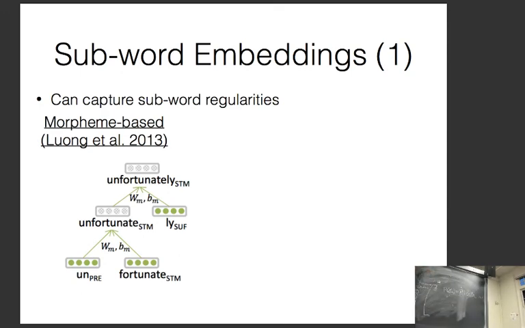So they're tree-structured neural networks, and the way they work is by combining together morphemes in the word in order to get the final embedding for the word itself. And this is a good idea because the meaning of words is compositional. So unfortunate will be some combination of un, fortun, and so on.